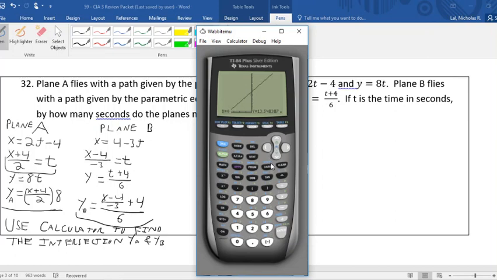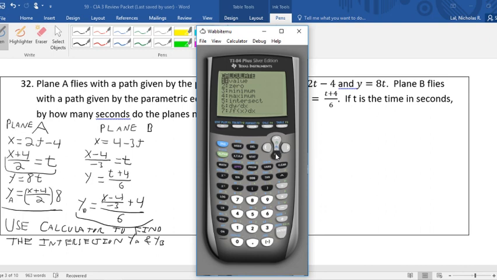So let's change our window: x from negative 10 to positive 10, and y from negative 10 to positive 20. This will help us get a better view of what's going on here.